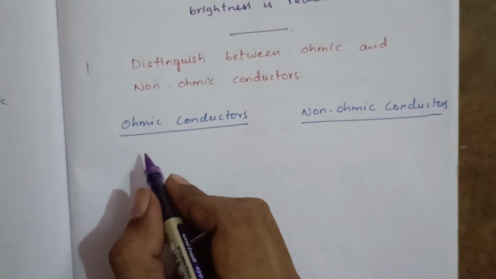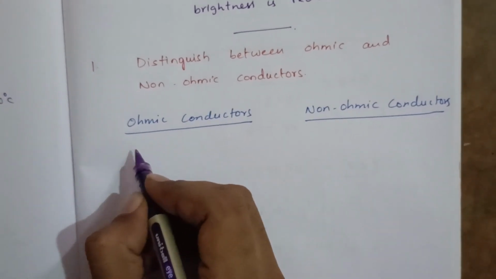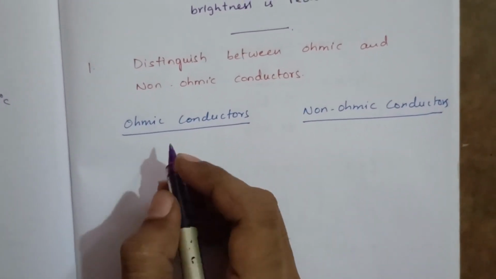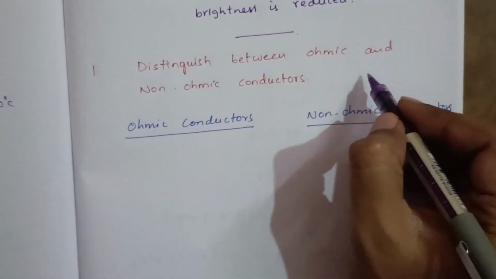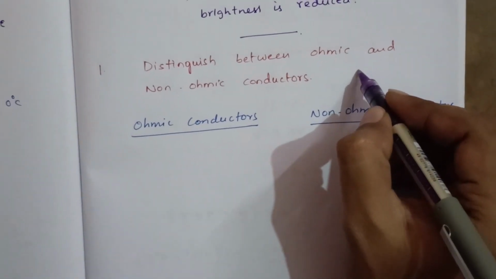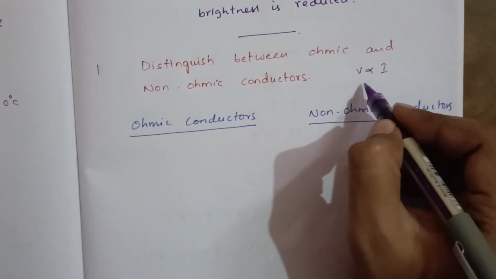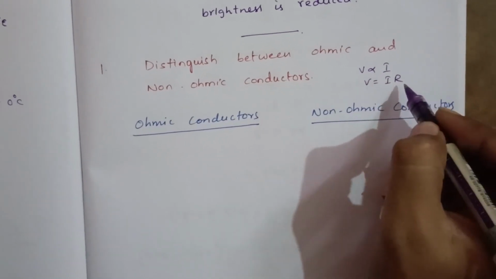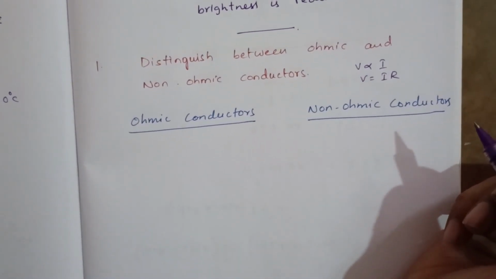Ohmic conductors follow Ohm's law. We have Ohm's law, that is V is directly proportional to I, V equal to IR, where R is a constant.